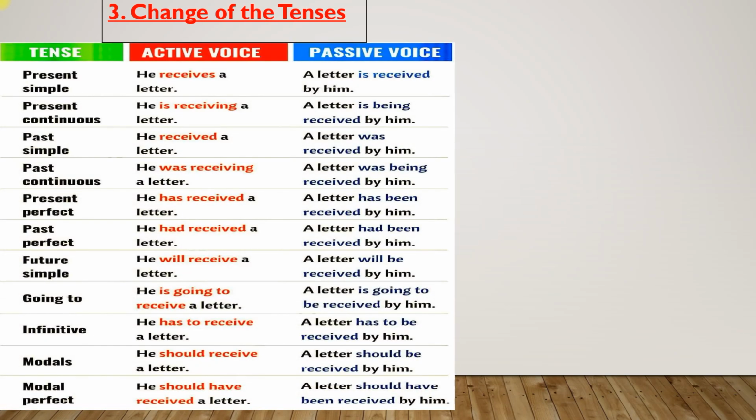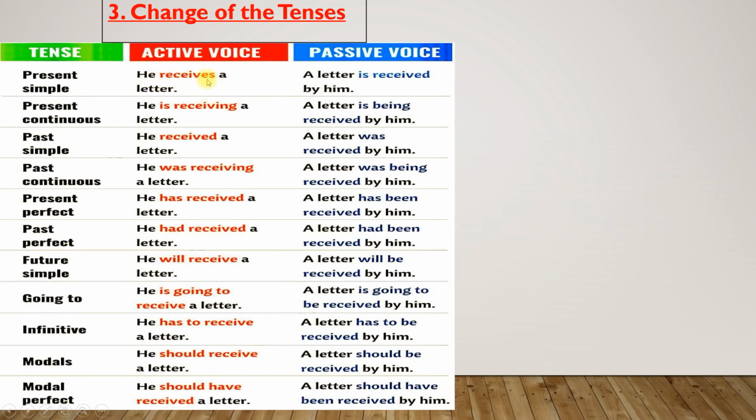And yeah, I am presenting here the third tip, how to change the tenses from active voice to passive voice. My dear friends, this chart is very helpful to you for changing from active voice to passive voice. For example, present simple, we can take an example. He receives a letter.